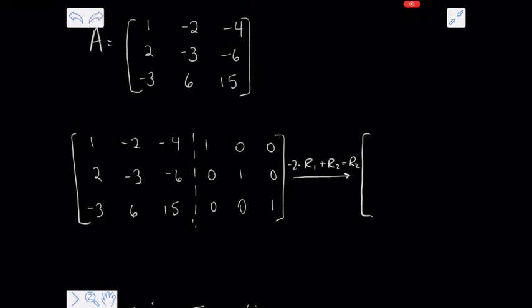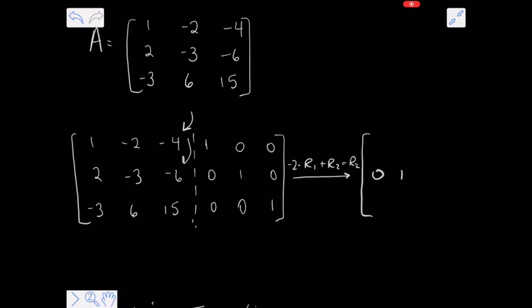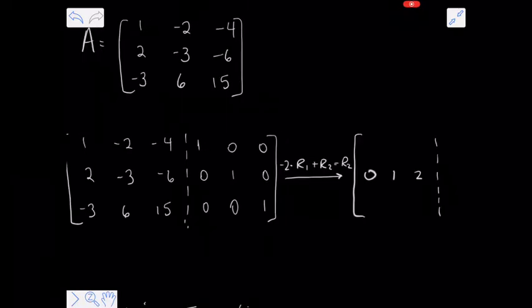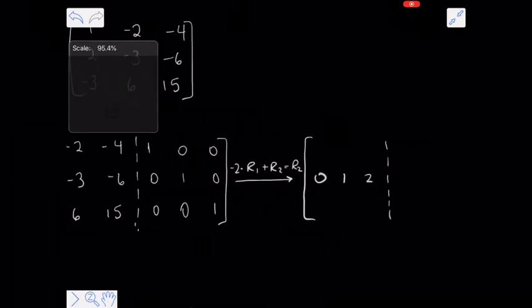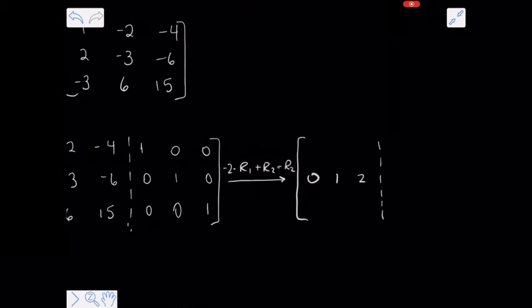So -2 times 1 added to 2, that makes -2 plus 2, which is 0, and then -2 times that -2 is 4, and then 4 plus -3 is 1, and then -2 times that -4 is 8, and then 8 plus -6 is 2, and then it has to continue on to the full row.